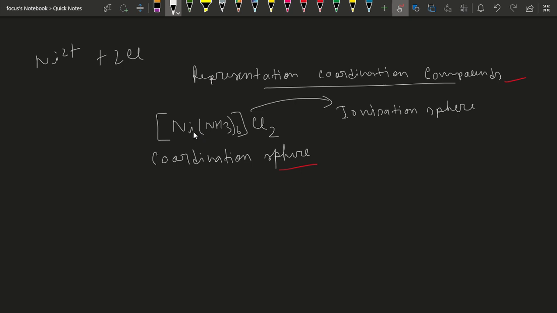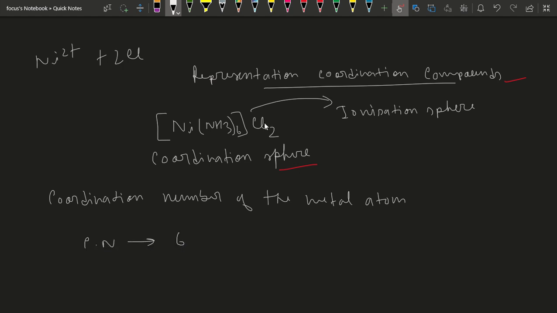The main important point to be remembered from this coordination sphere is that the number of ligands or donor atoms attached to this central metal atom represents the coordination number of the metal atom. In this case, nickel has a total of 6 NH3 groups attached to it, so the coordination number is 6.